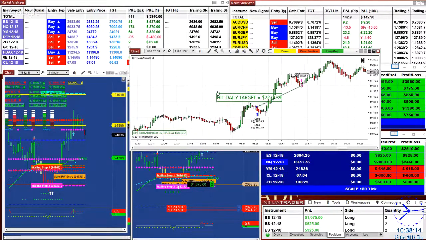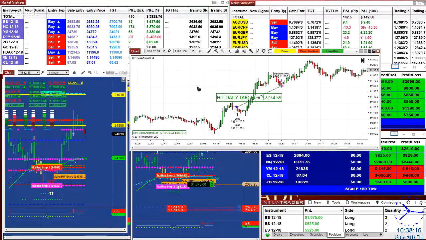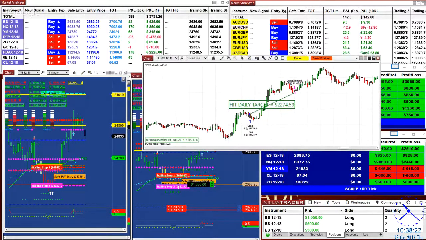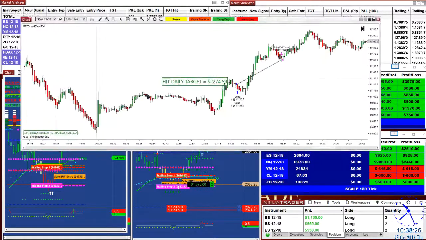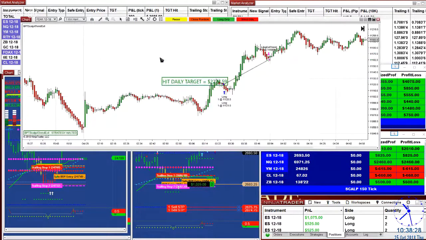But like what happened yesterday, it was amazing. The swing trading never missed a trade, never missed a trend. And I'm showing you with the filter and without the filters, because even with the filters, you're not going to be missing a trade.